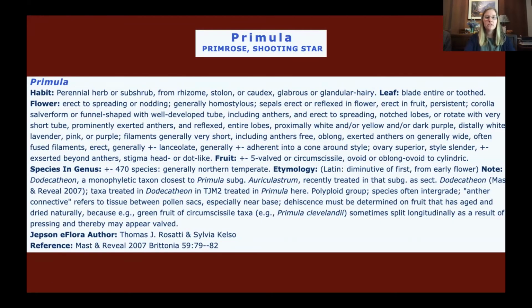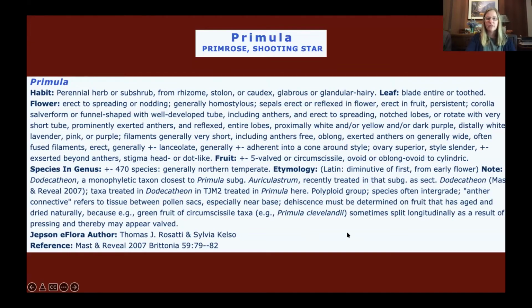So this brings us to the genus Primula. And as I mentioned, this is one of the groups that has undergone a change recently. In the last Jepson manual, these were treated in Dodecatheon. Dodecatheon turned out to be highly nested within Primula, and expanding Primula for the moment seems like the best taxonomic solution. So this is now treated in Primula.